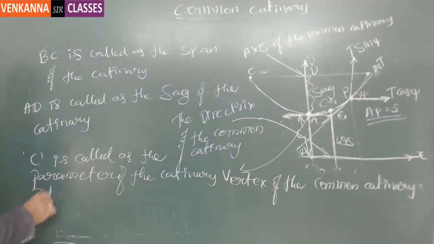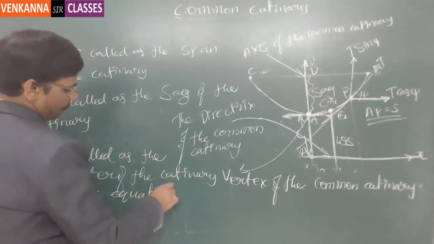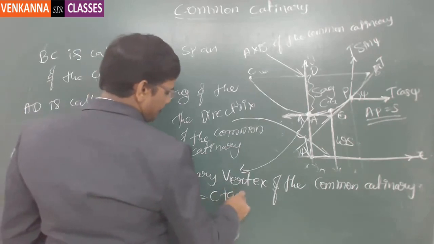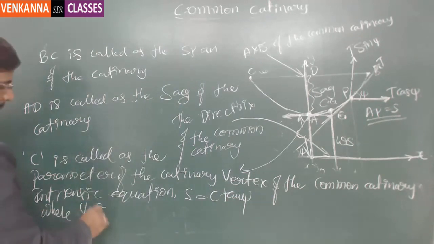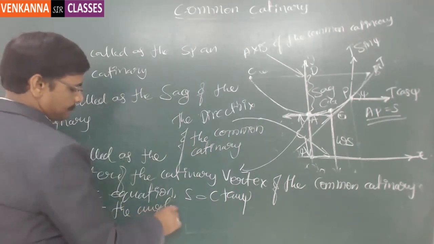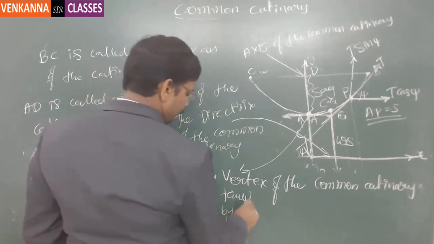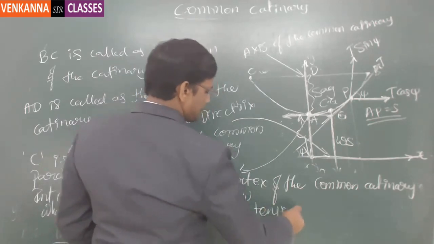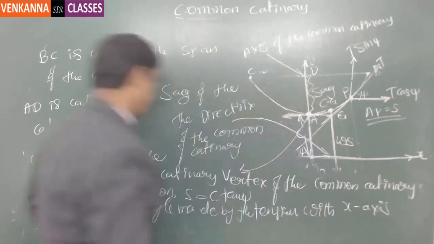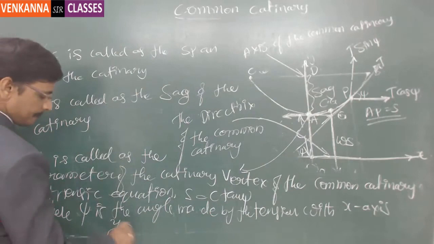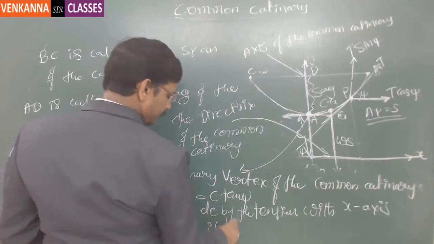And the intrinsic equation is S is equal to c tan psi, where psi is the angle made by the tension with the x-axis. And y equal to c times cosh of x by c is the Cartesian equation of the catenary.